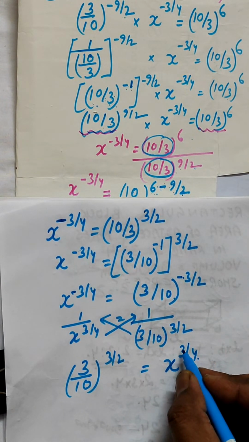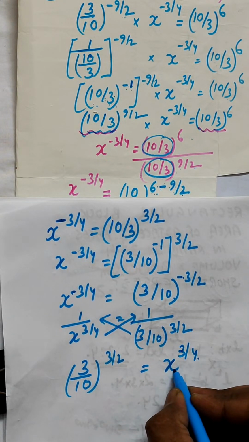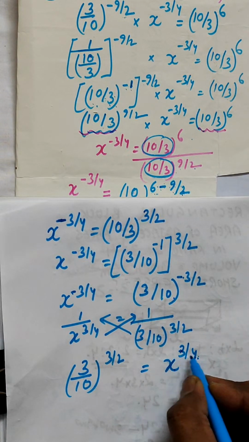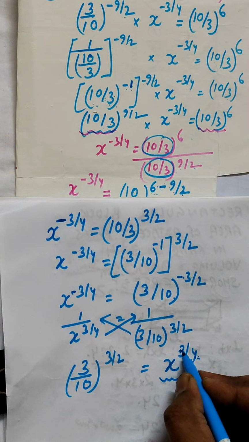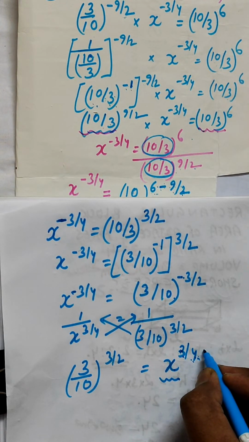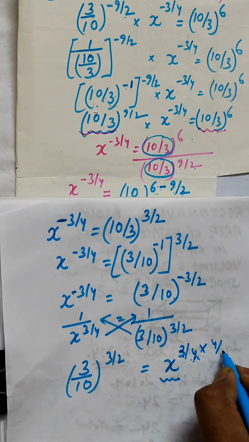Now what we will do, you can see the power of x is 3 by 4. To find the value of x, you need to remove it, right? So what we will do, we will multiply the exponent by 4 by 3.